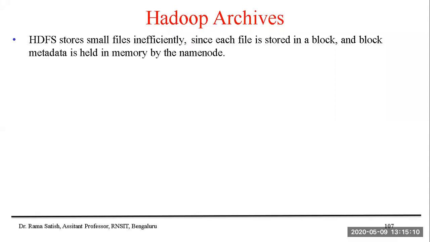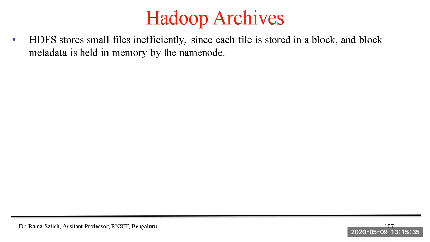So even though you have 1 KB data, even though you have 1 MB data, each block will be of 128 MB. So suppose your data is 1 MB, then the entire 128 MB block is allocated to your 1 MB. And what about the remaining 127 MB? It gets wasted.